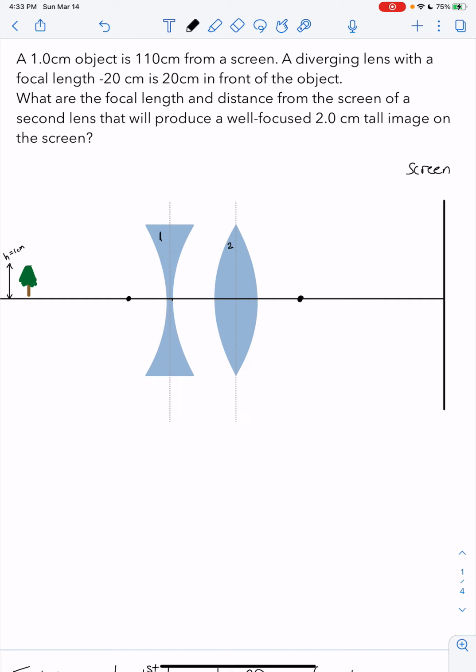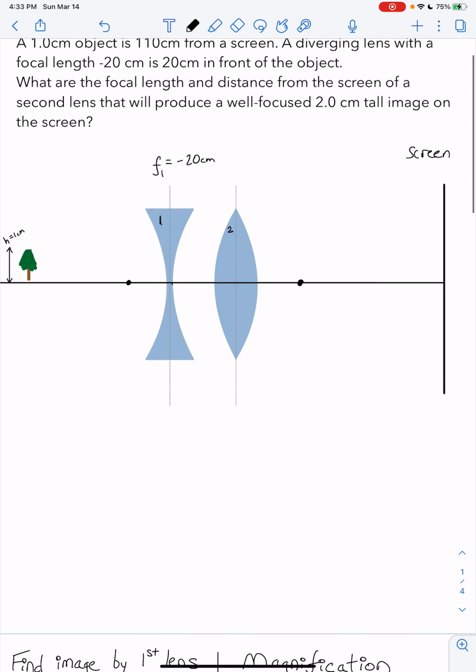Alright, so what are we told? We're told that we have a diverging lens with a focal length of minus 20 centimeters. I've labeled that diverging lens that I drew as 1, and I'm going to say it's got an f1 that's equal to minus 20 centimeters. We're also told that that lens is 20 centimeters in front of the object.